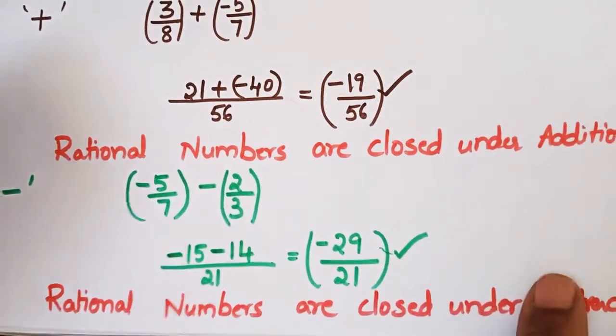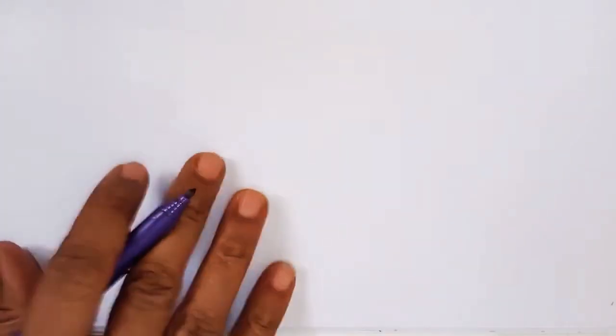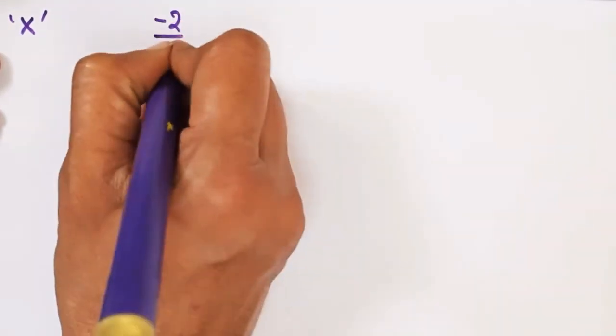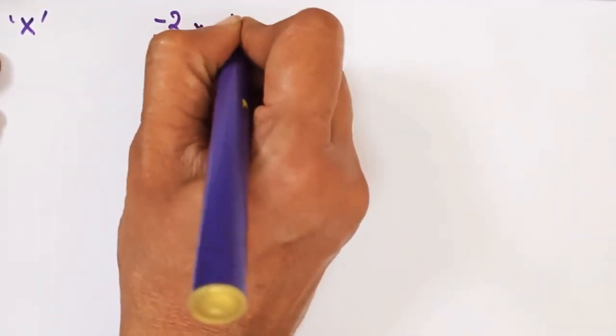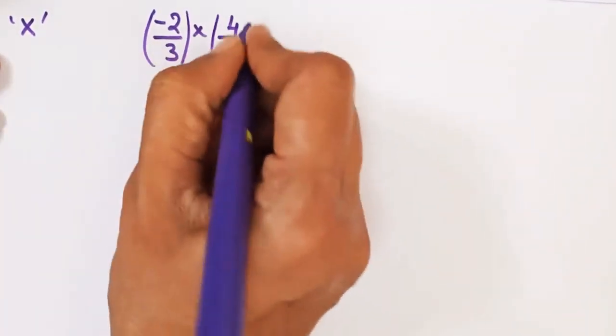Now let us check this for another operator. That is, this time I want to check it for multiplication. Now my operator is multiplication. Let me take two rational numbers like minus 2 by 3 into 4 by 5. Are they two rational numbers?